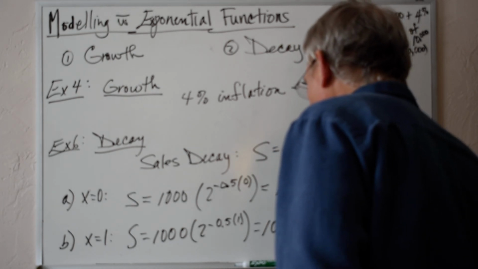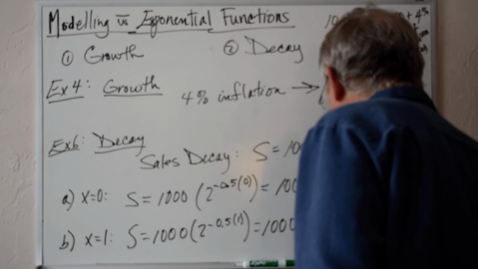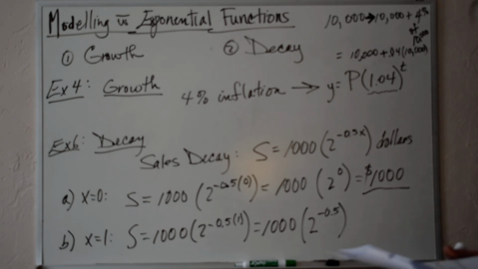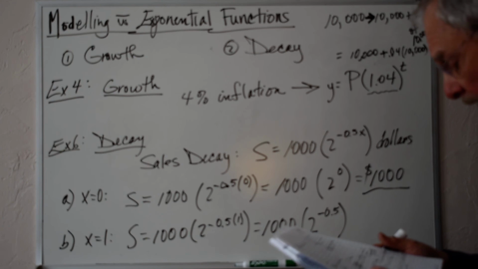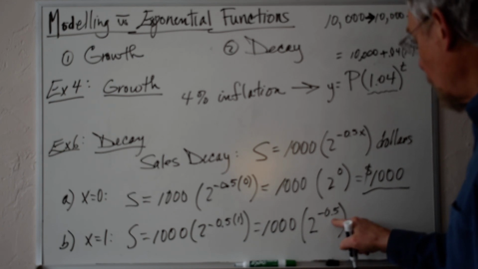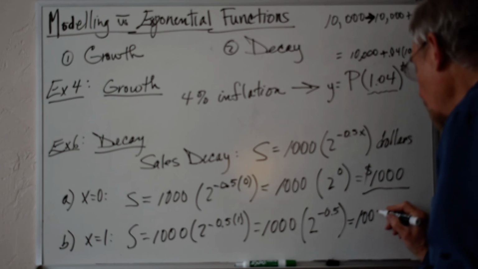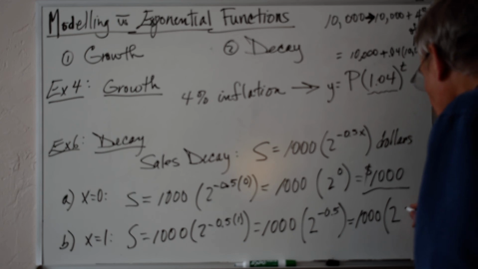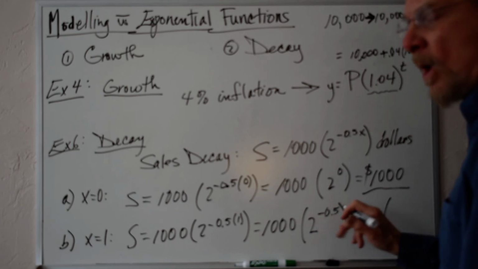So this is 2 to the negative 0.5 power. And you can tap on your calculator, or you could convert this to a radical. Keep in mind, this is 1,000 times 2 to the negative 1.